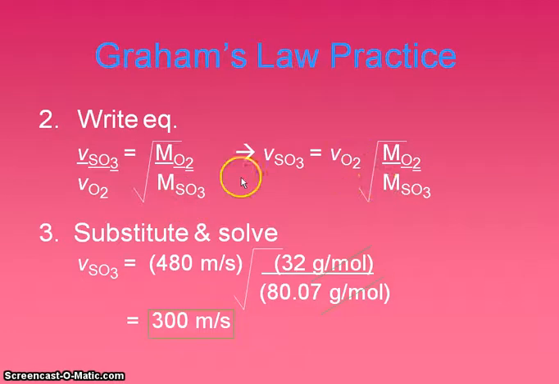That just makes it a little bit easier for rearranging, because that way you only have to multiply both sides by the speed of the oxygen to get the speed of the SO3 by itself. And then we just plug in our values. So this was the speed of our oxygen, and then our molar masses, and I'm taking the square root of that, and that gives us 300 meters per second.